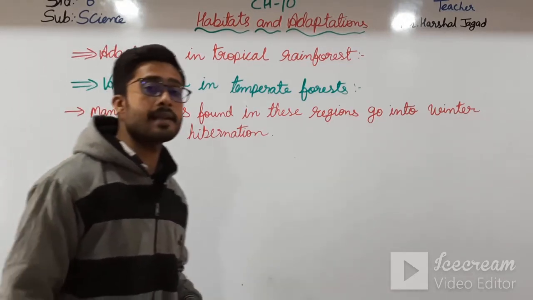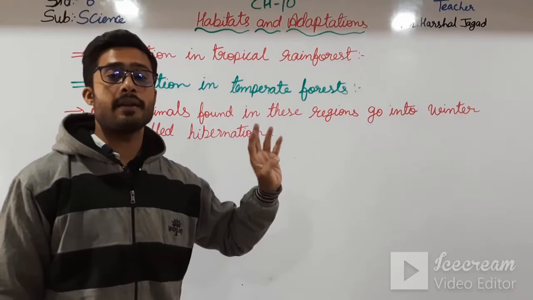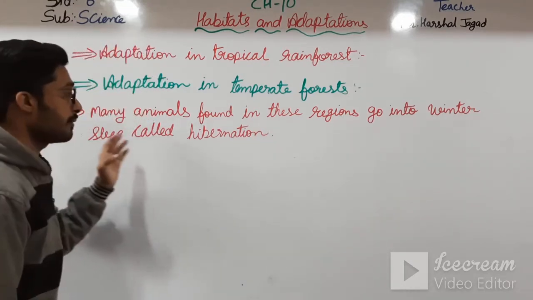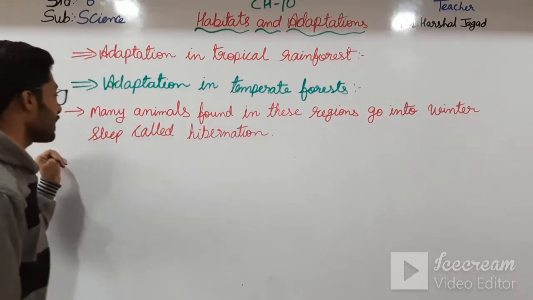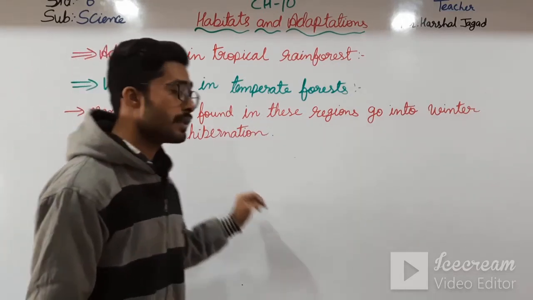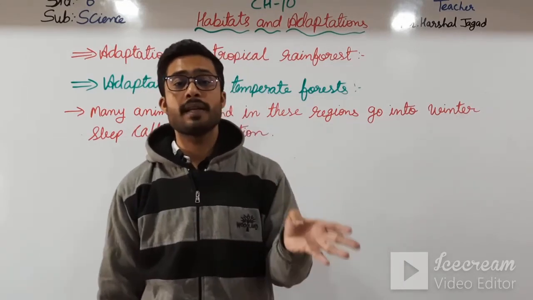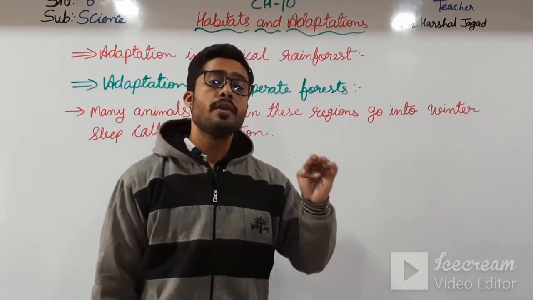When the winter starts, they go to sleep and don't come out until the summer starts. Many animals found in these regions go into winter sleep called hibernation. Some of them also migrate from one place to another where there is no winter.